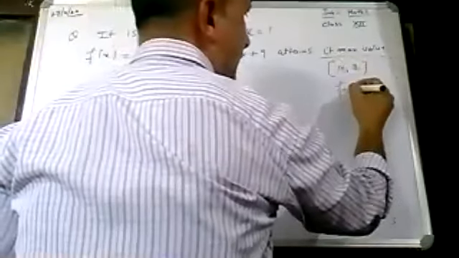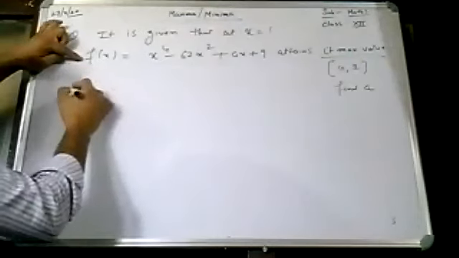Important question. Find क्या करना है class? Find the value of a. First, try to understand the question. फंक्शन इज f of x, डिफरेंशिएट करेंगे f dash x.